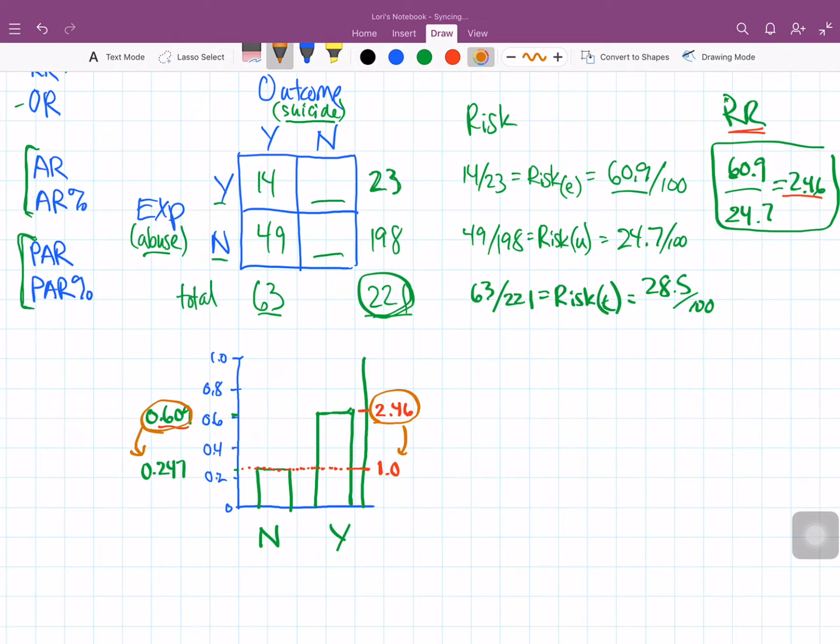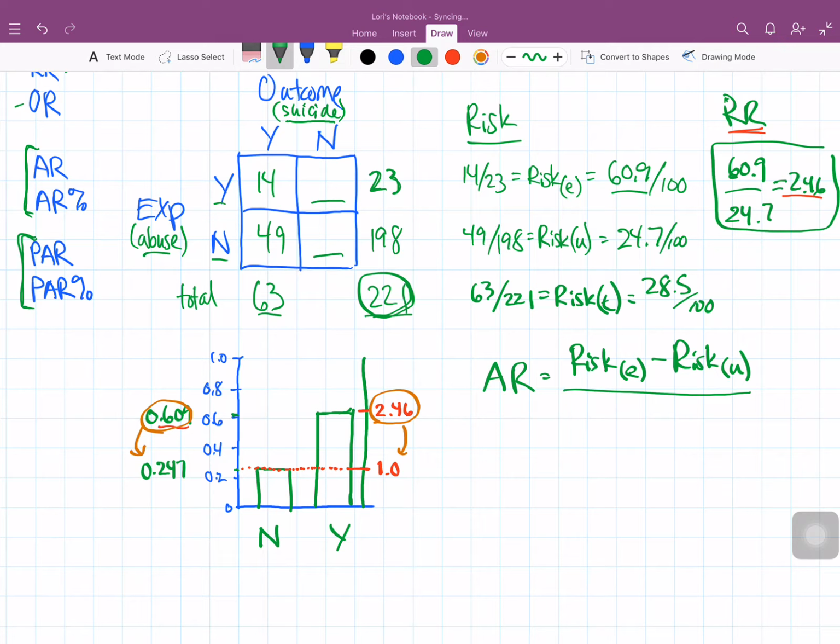Our first number that we are going to calculate is called attributable risk. So here's our risk. We're going to calculate attributable risk. And the attributable risk simply is equal to the risk in the exposed minus the risk in the unexposed.